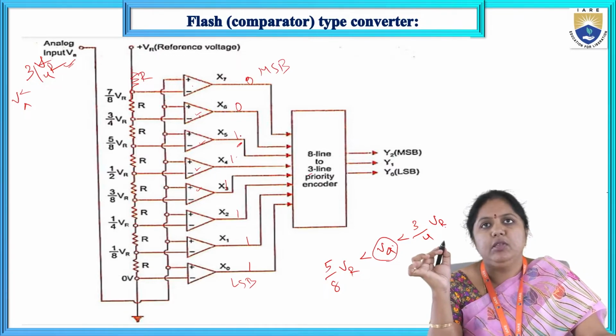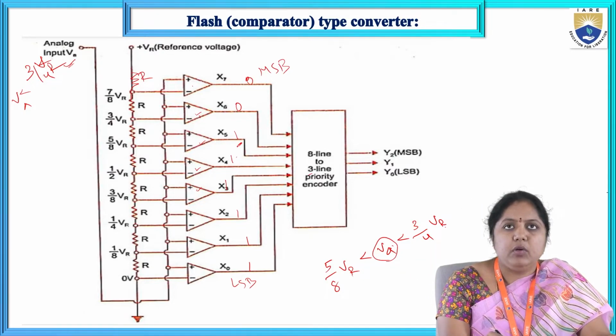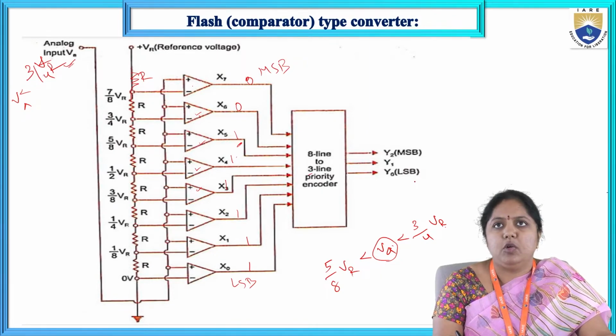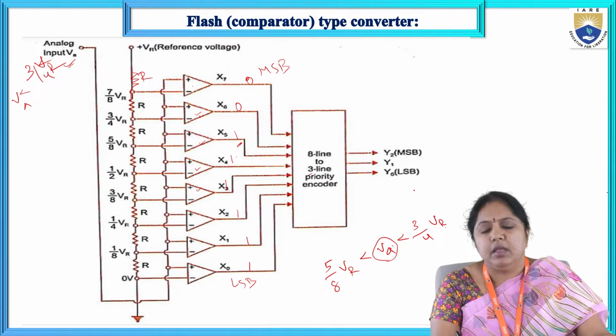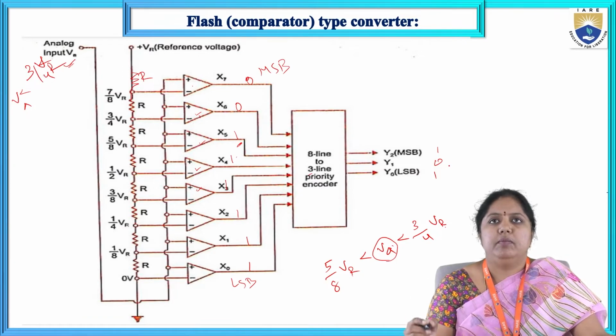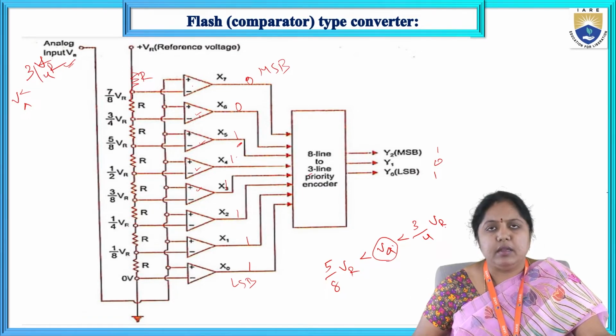This MSB bit value is 1. So here the encoded value of X5 will be present at the output side. What is the encoded value of X5? This value is 101. So I think it's clear.